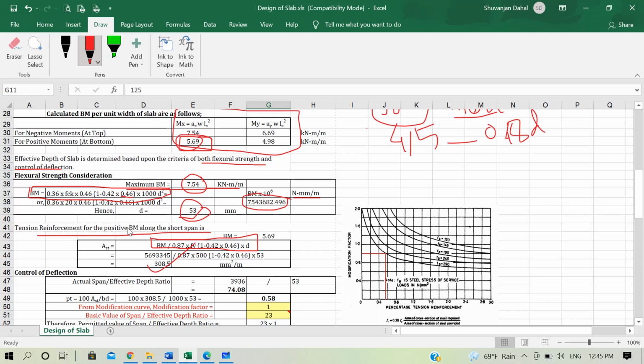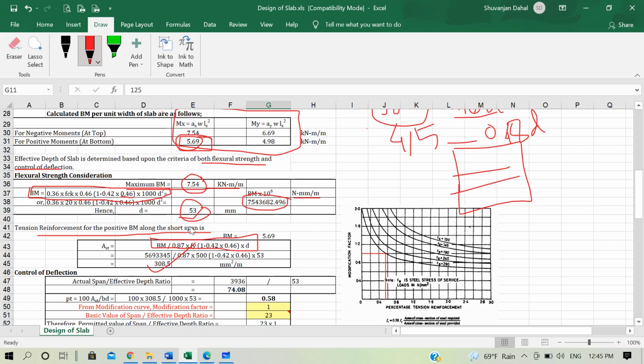Since this is the tension reinforcement for positive bending moment, this value of reinforcement is for the middle strip of our slab. You can calculate the diameter of bars and the number of bars required from this value also.